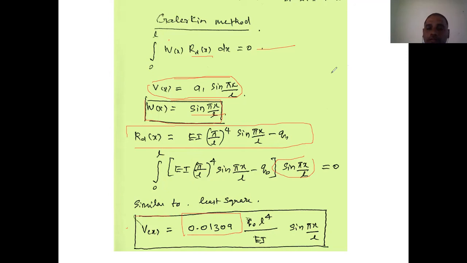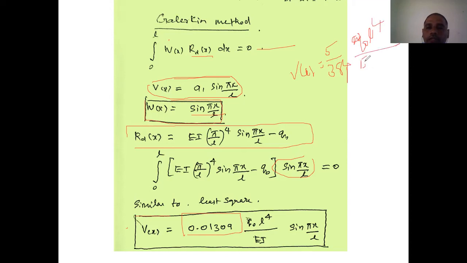And let us consider what the solution is for the exact method. This is actually an approximation method as we discussed. And what exactly is the solution for this problem? From the strength of materials, we know the maximum vertical deflection is actually 5 by 384 into W or Q naught, whatever it may be, Q naught into L power 4 divided by EI.